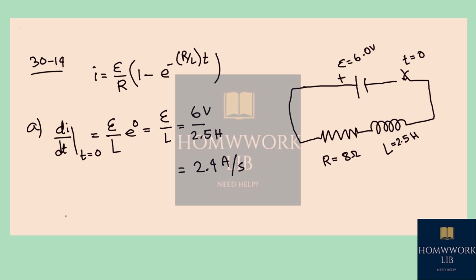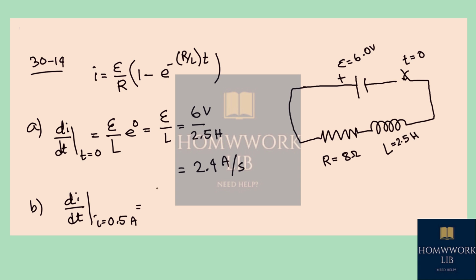Now in part B, we have to find the rate of increase of current at the instant when current is 0.5 ampere. We do the same thing: we figure out di over dt when I equals 0.5 ampere.